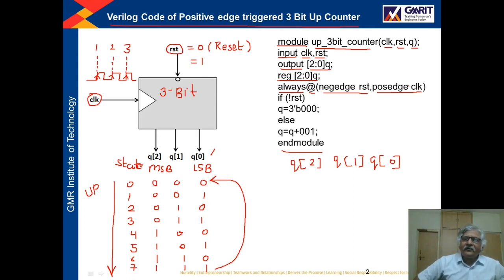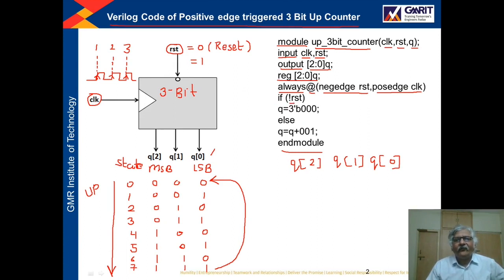And whenever these edges are detected, the always block will be activated, and the statements inside the always block will be executed. Now inside the always block, first we are using an if-else statement to write the Verilog module.